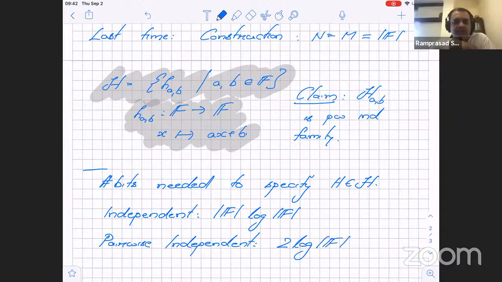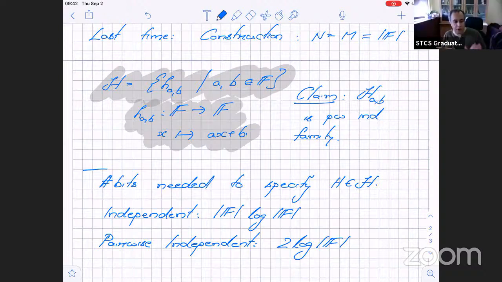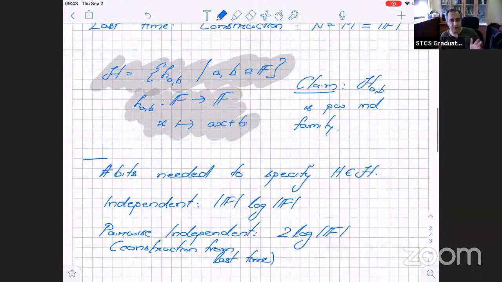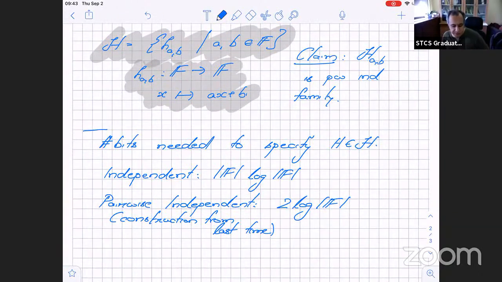Yes, I'm talking about the construction from last time, and I'm comparing the 2 situations. You're saving a lot of randomness in this process. It's a much more efficient way with respect to randomness.